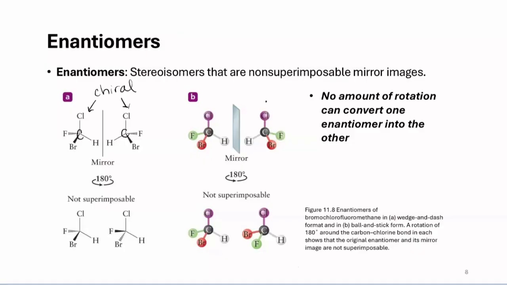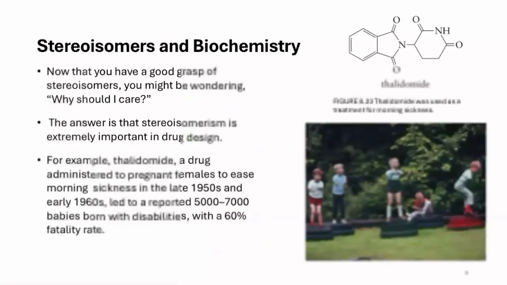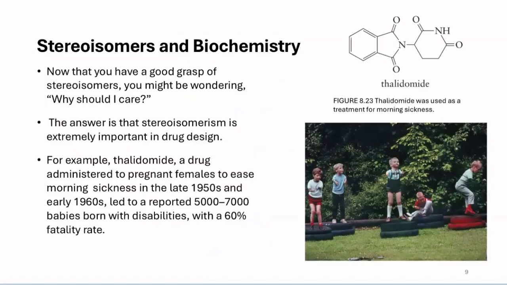You may be wondering, why is stereochemistry so important? When it comes to stereochemistry, it is important to understand that stereoisomerism is extremely important in drug design, meaning in any pharmaceutical compound that is utilized in order to treat a certain illness.